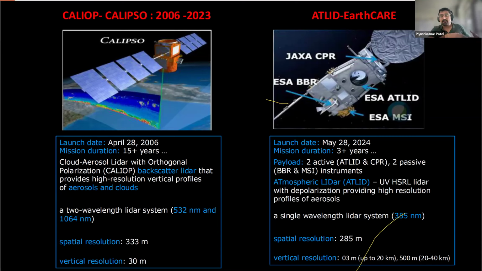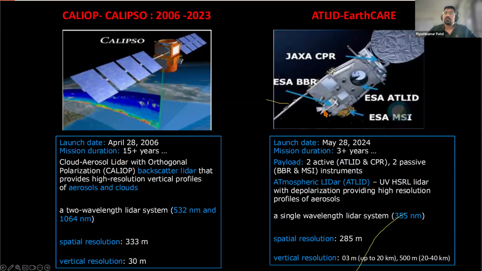All these spectroradiometers or polarimetry provide information for the particular atmospheric column, so you have one signal from the entire column. But for LiDAR, you will have information from each different layer within the column. So how these aerosols and clouds vary vertically within the particular column, that information you can get from the LiDAR.